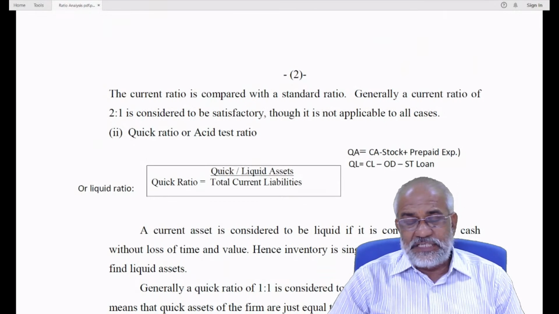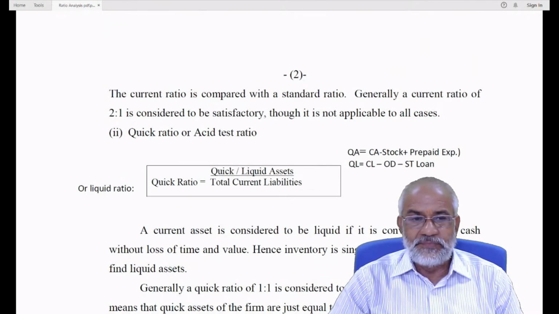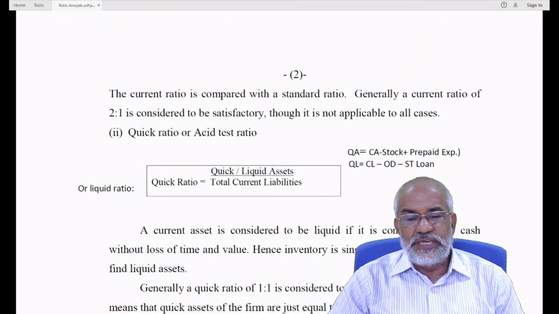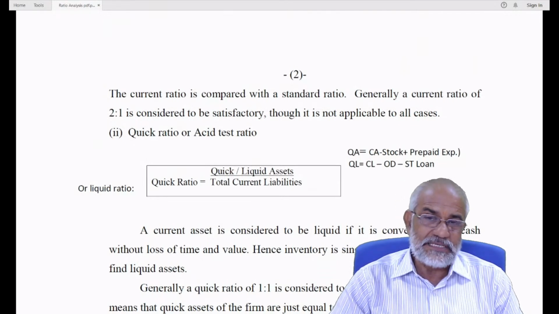The second ratio coming under this liquidity category is the quick ratio, which is otherwise called the acid test ratio. In quick ratio, the quick assets are divided by total current liabilities or quick liabilities. The difference between quick assets and current assets is that two items are to be deducted from the current assets in order to convert it into quick assets, that is the inventory stock and prepaid expenses.